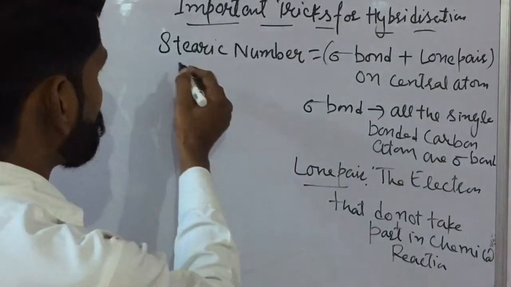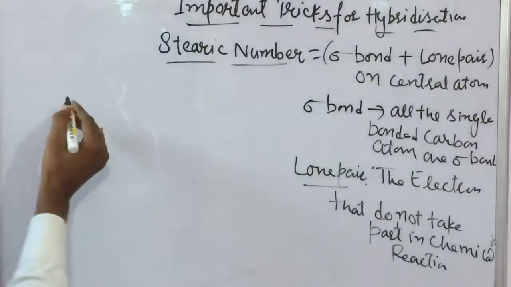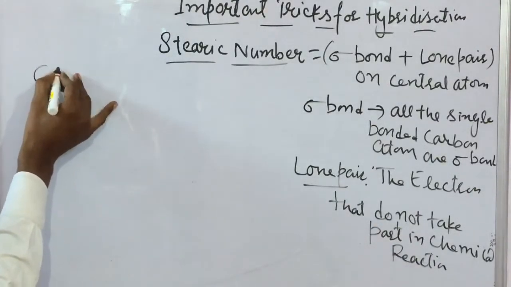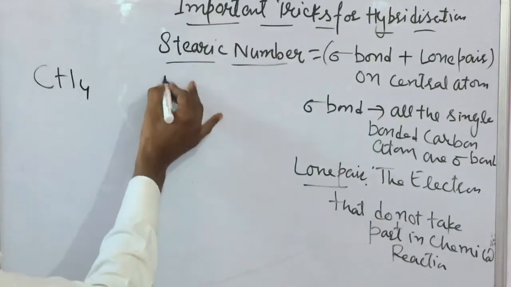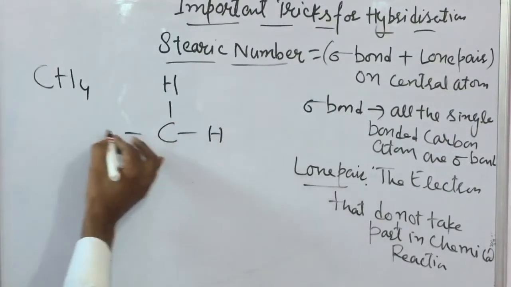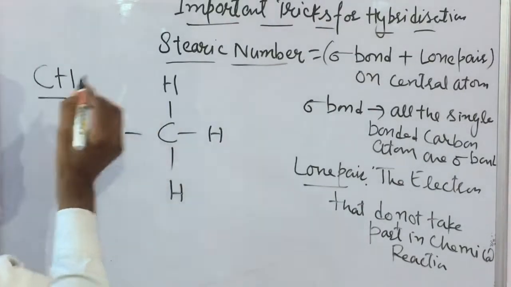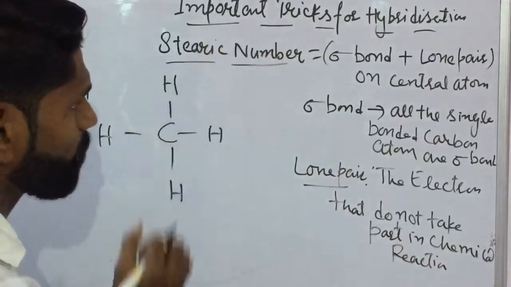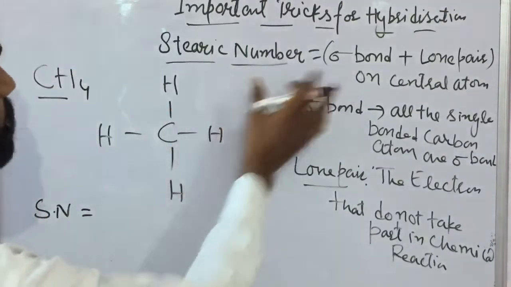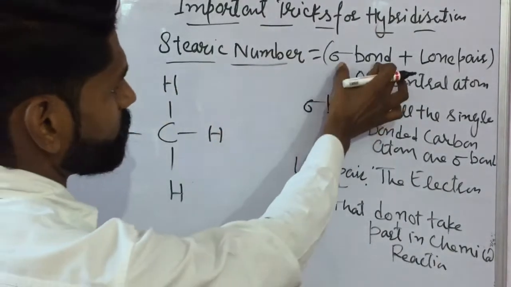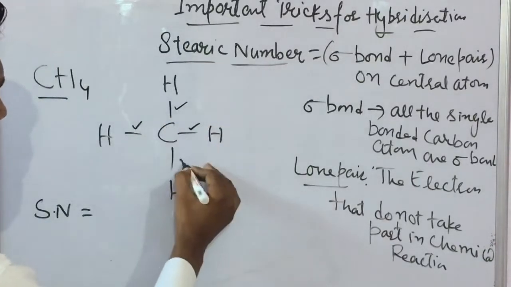So for understanding the steric number, let us take some examples. Take methane, having the formula CH4. We can write it in the bond structure like this. If we calculate the steric number in the structure, first of all, we have to calculate the sigma bonds: 1, 2, 3 and 4.